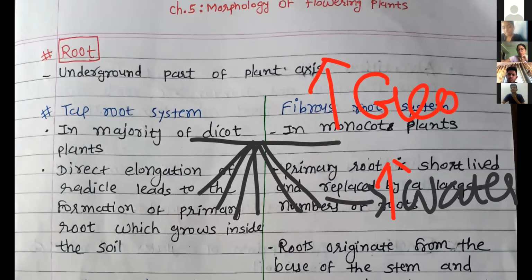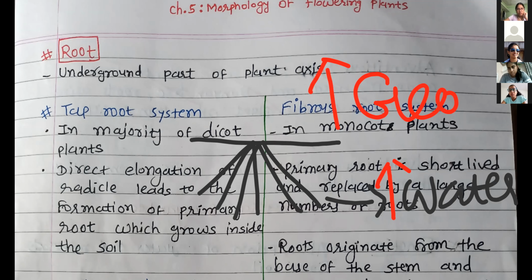Hydrotropism is positive. Geotropism is positive. But can you tell me what about the light factor? Roots are growing towards the light or away from the light? I think everyone's hands should be raised, it's a simple question.